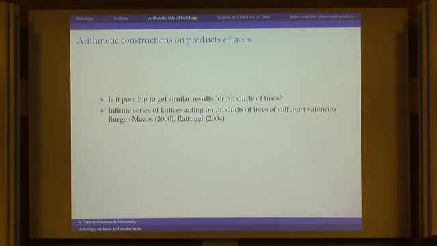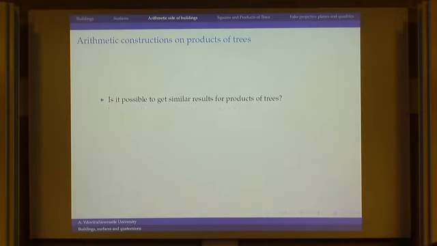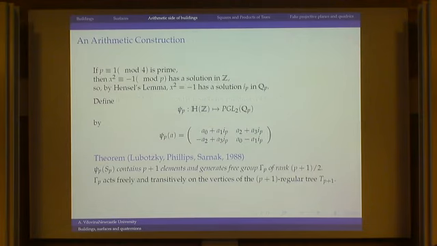There are infinite series of lattices acting on products of trees, arithmetic groups in this case, like the Burger-Mozes examples, and they were slightly generalized by Rattaggi, who was a student of Marc. There was also a paper of Burger and Mozes, something like '92, quite old, when he looked at two primes which are 1 modulo 4.